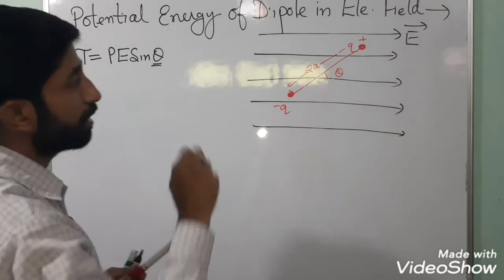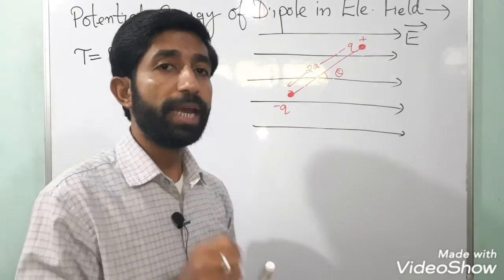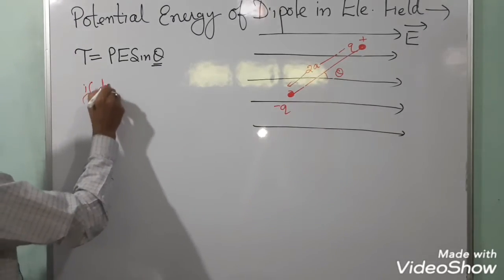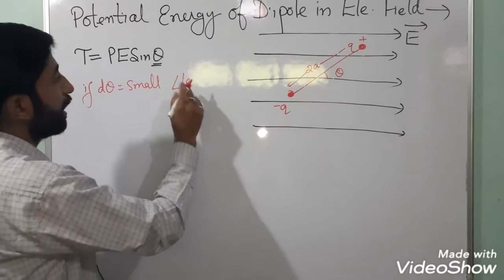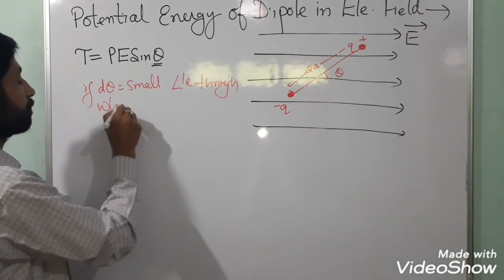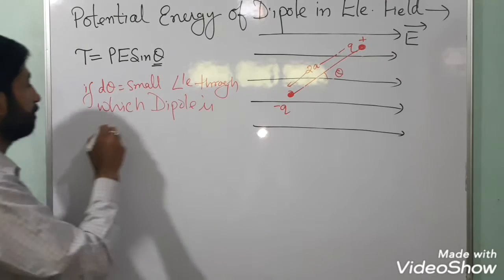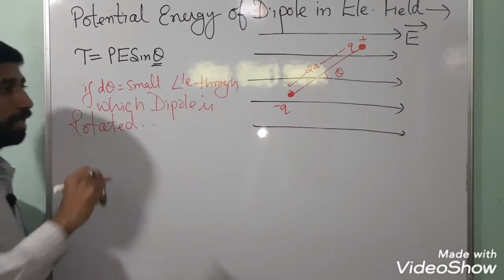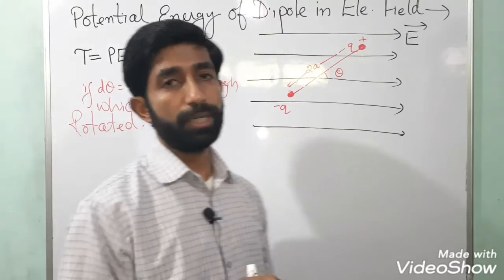Now if the dipole is slightly rotated through a very small angle d theta, then a small amount of work has to be done.